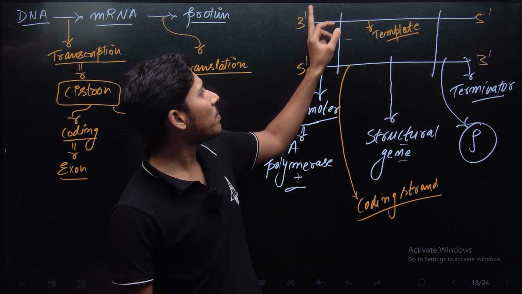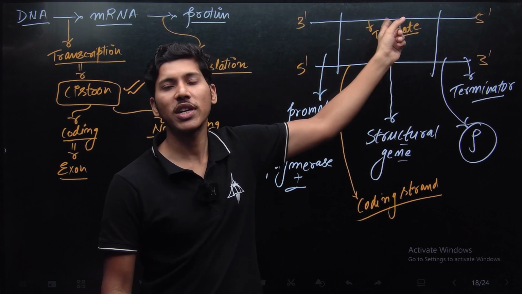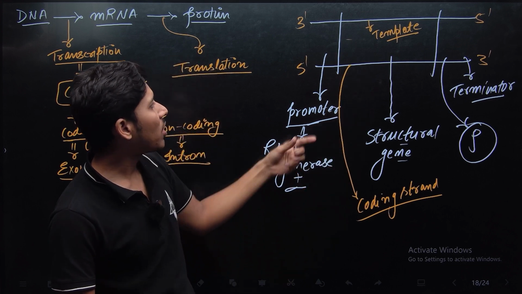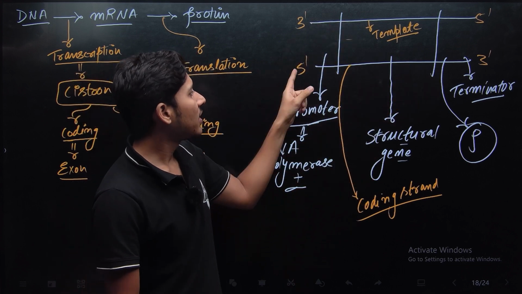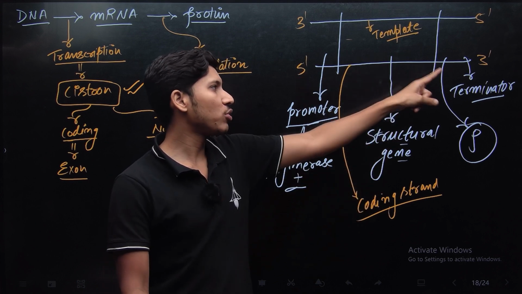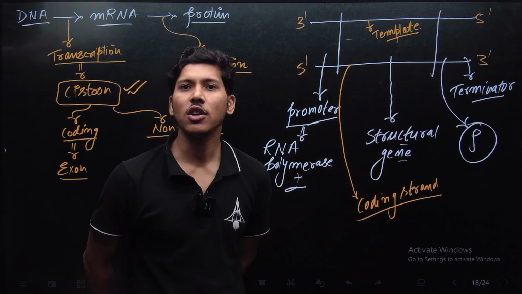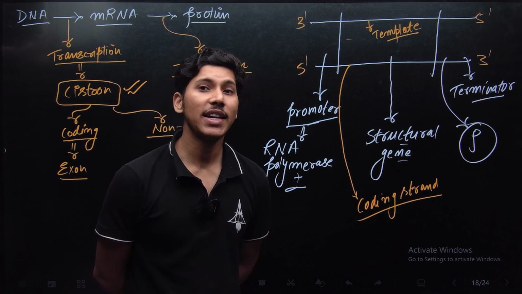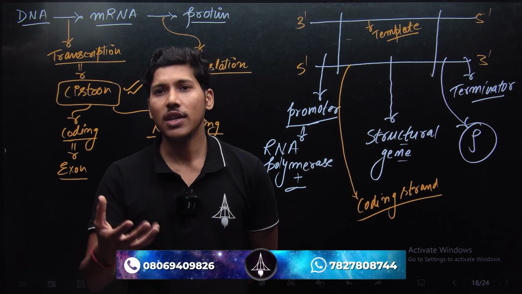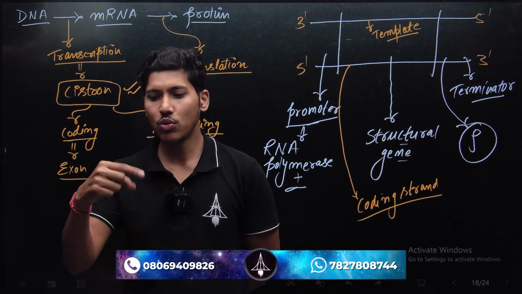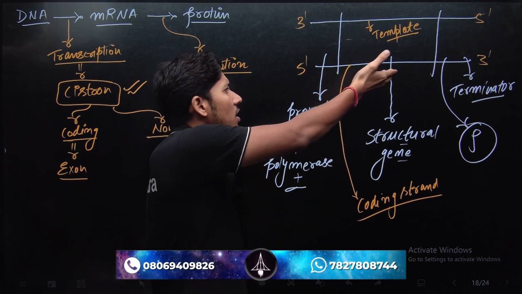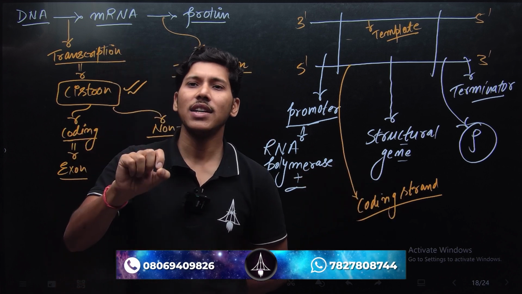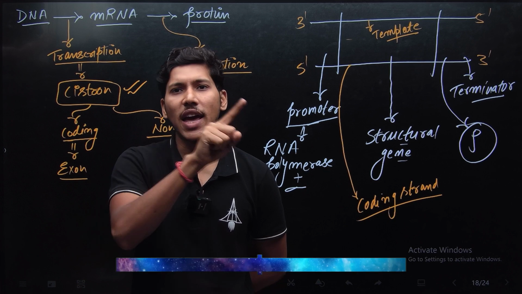The strand which is 3' to 5' is known as the template strand, whose information is read by RNA polymerase to synthesize an mRNA. The other strand, with 5' to 3' polarity, is known as the coding strand, which is not the template, but if you see the sequence of this coding strand, you will find that it has the same sequence as the mRNA.